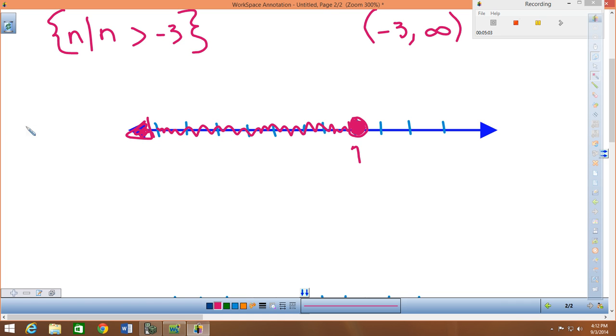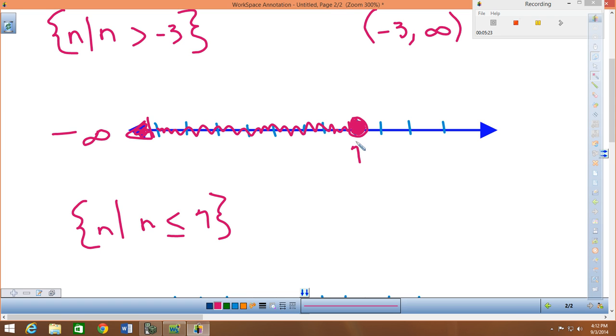If it keeps on going this direction, that's negative infinity. Okay? So in set builder notation, it would be n such that n is less than, this is colored in this time, so I would put that bar, less than 7. Okay? That is set builder notation.